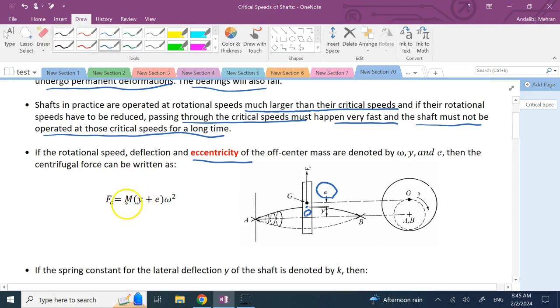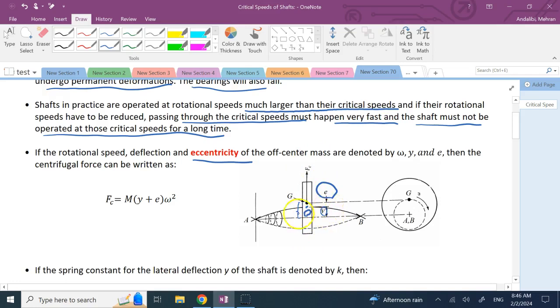Remember, the centrifugal force in general is m times r times omega squared, and r is the radial distance from the center of mass to the axis of rotation, and as you can see, that's the distance from here to here, which is y, the deflection of the shaft, plus the eccentricity. And you might ask, where does the deflection of the shaft come from? That comes from the weight of the disc or the gear or the forces that are on it.